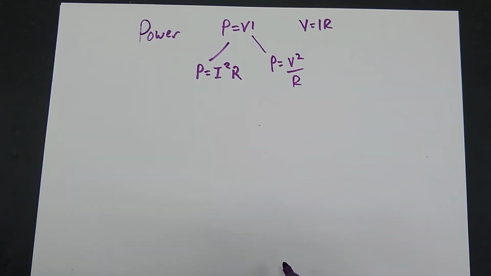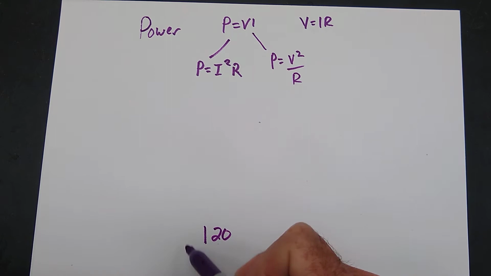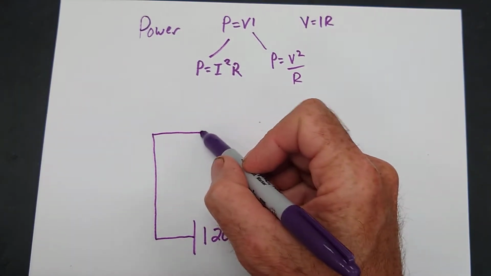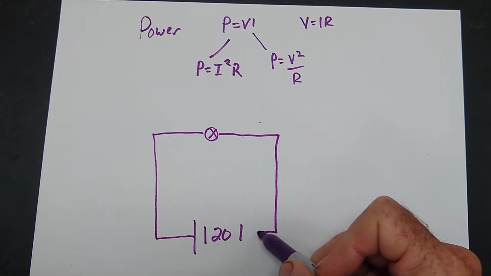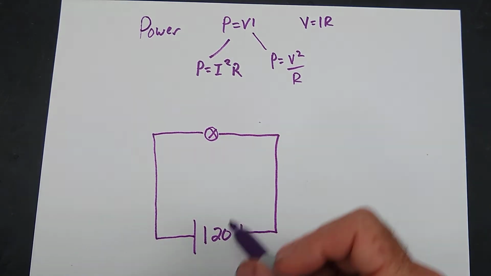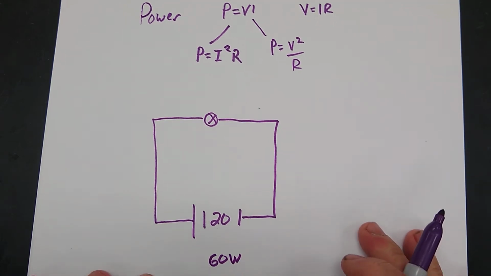Now, my first question to you would be this. This little puzzle, we're going to be working with actual schematics and circuits, all right? Using the available formulas, knowing that this is a 60-watt bulb, okay?